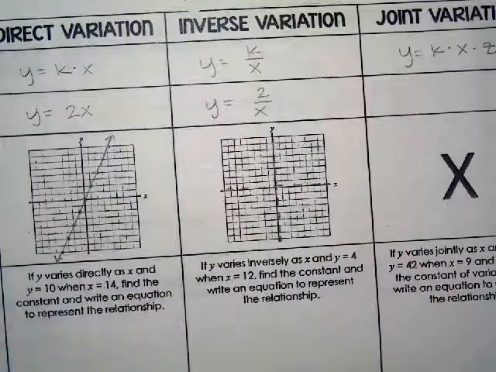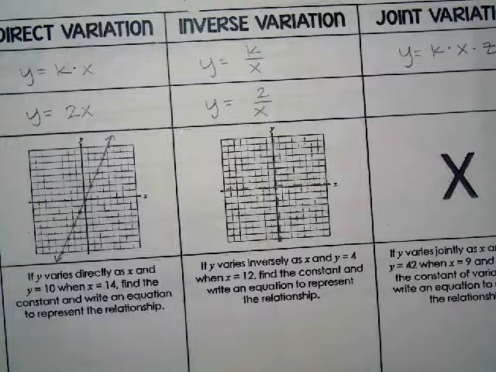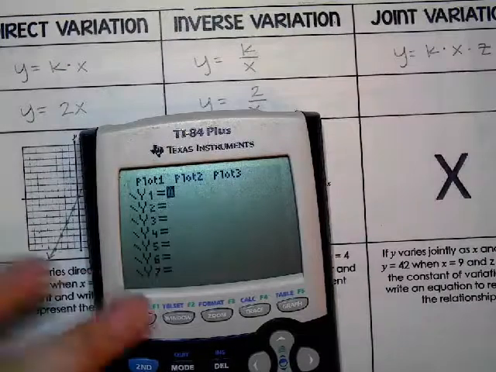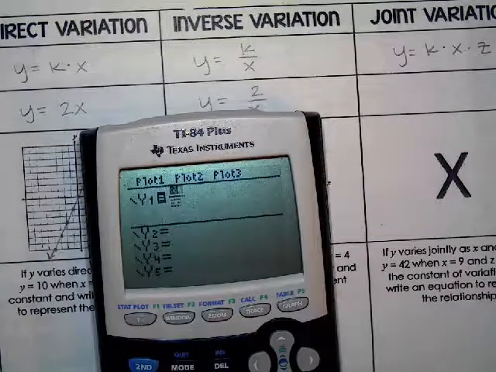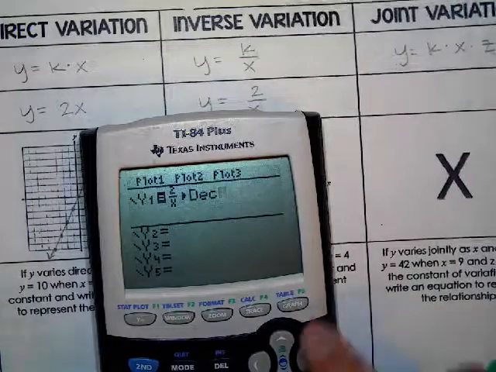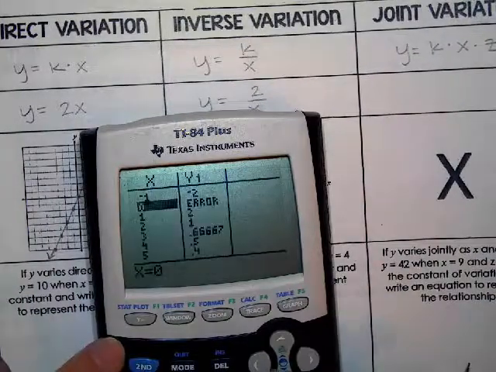Okay, and then we're going to grab our graphing calculator. Two over x. Okay, so there's the asymptote.